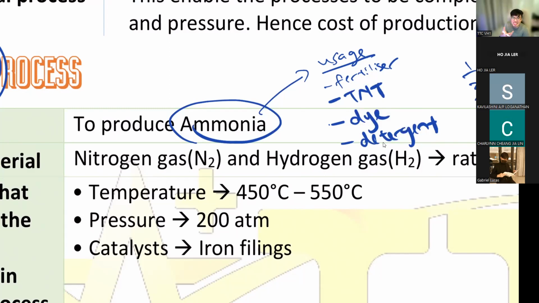Ammonia gives you that pee smell, like when you don't wash your toilet for weeks. They are made from the same thing, so they smell the same. Anyway, so these are the usages.